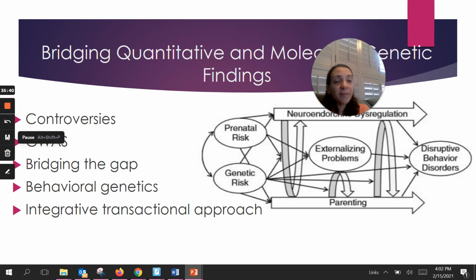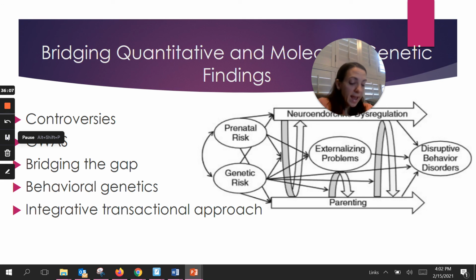However, detecting that genetic influence doesn't tell which gene causes it or how that gene causes it. So while both of these have some support and they interact to help identify what those genes could be, it doesn't tell us what that specific gene is, and it doesn't tell us how that gene acts to cause disruptive behaviors.